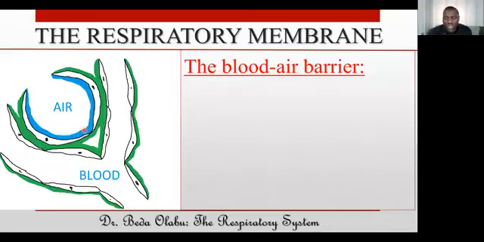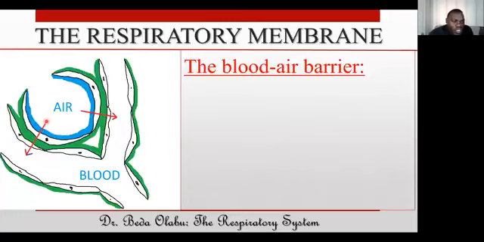So if you want to talk about the blood-air barrier, we just want to talk about the barriers, the structures traversed by gases: oxygen from the alveolus to the bloodstream, and carbon dioxide from the bloodstream to the alveolus. For the sake of simplicity, let's just follow oxygen, represented by the arrows.